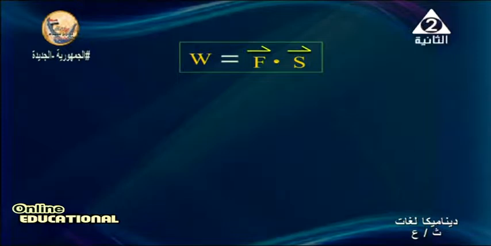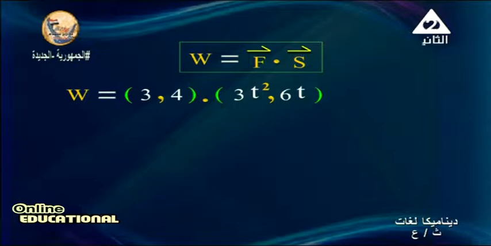Dear students, we know that the work W equals vector F dot vector S. Vector F, which equals 3 and 4, dot vector S, which equals 3t power 2 and 6t. Then the work equals 3 times 3t power 2, which is 9t power 2, plus 4 times 6t, which equals 24t.